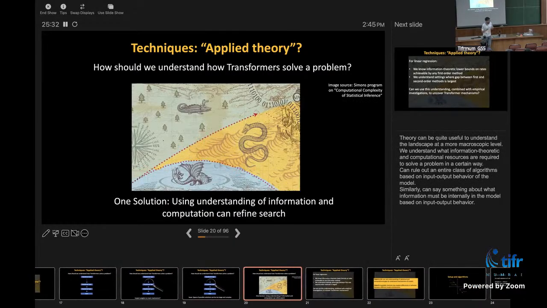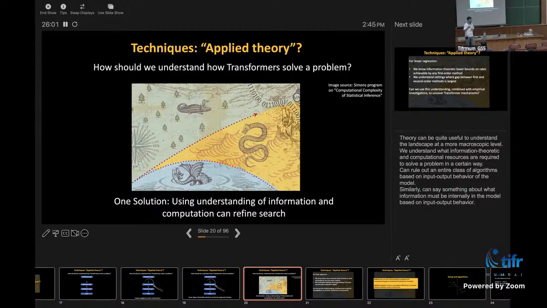But perhaps we can use some of our understanding of computation and information theory to help refine this search. So this is an image from the Simons program on statistical computational trade-offs. Basically, the idea is that we do know a lot about algorithms for solving, say, something like linear regression. So just by looking at the input and output behavior of the model, could we say something about what the model must be doing internally?